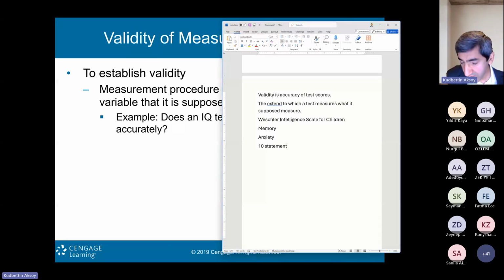And on these statements, you want the test taker to judge themselves from 1 to 5, 5 being always, 1 being never. And in those statements, what we're hoping is to capture the essence of the anxiety as claimed by a theory. If we can capture that, our instrument is good. If not, we will have a problem.